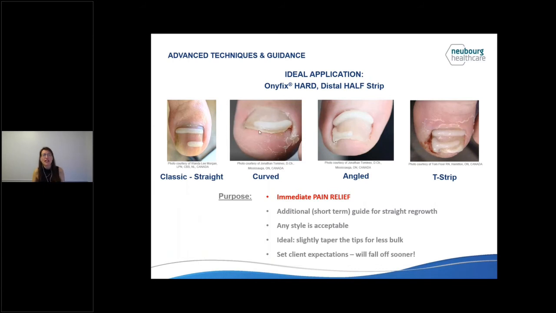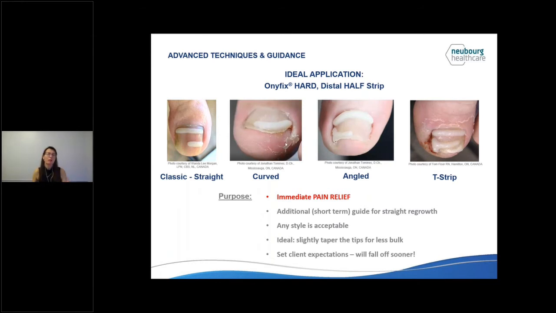And you've got curved and angled, which are virtually an identical concept. You would start your application at that joining point here on the curve and on the corner of where the tissue and nail begin to join, and just kind of follow the free edge curve or angle up the nail.